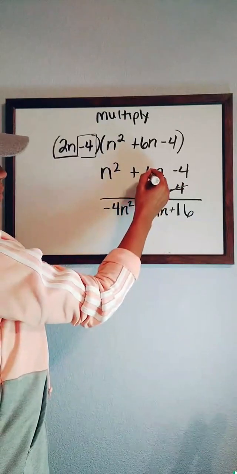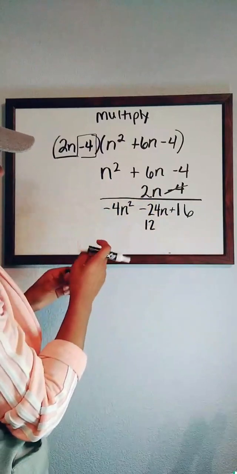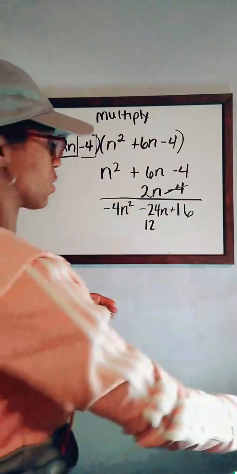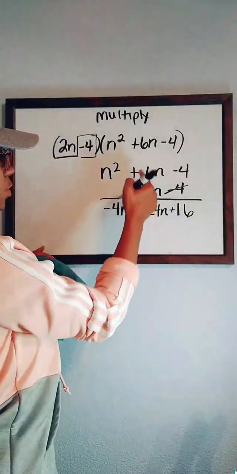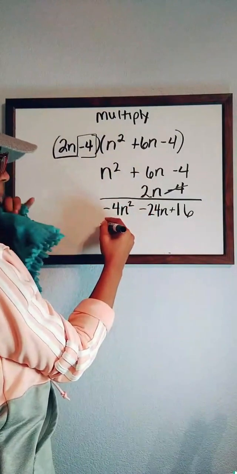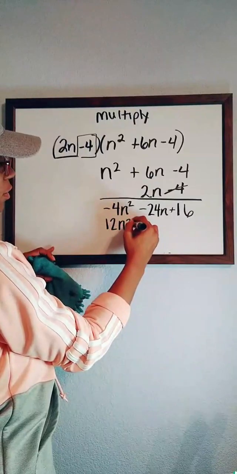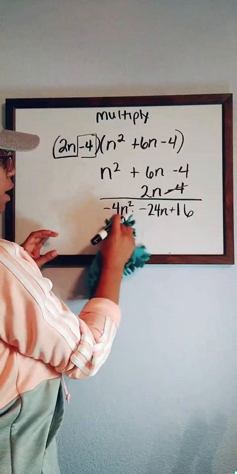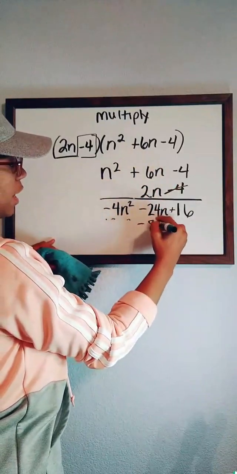2 times 6 will give me 12. Actually, I need to scoot over double time because I like to write mine under what they need to be written under. So 2 times 6 would give me 12n squared. Oh, see what happened? I gotta go back. 2 times negative 4, there we go, negative 8n.